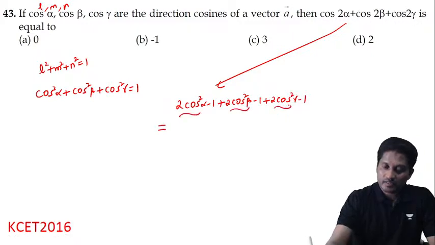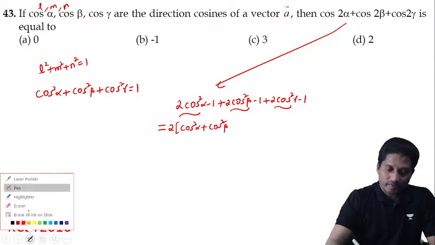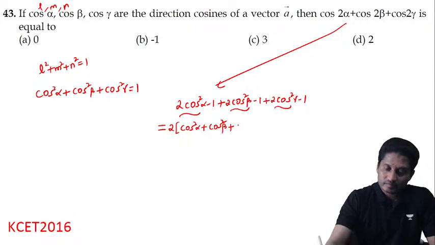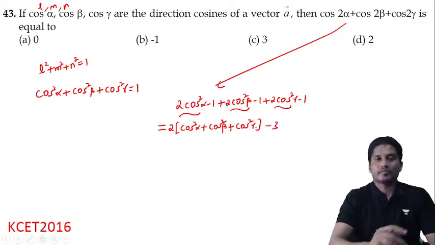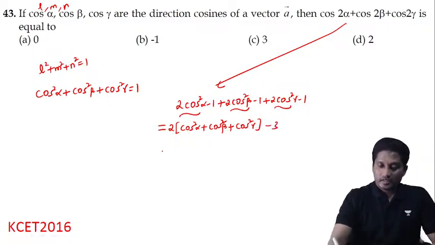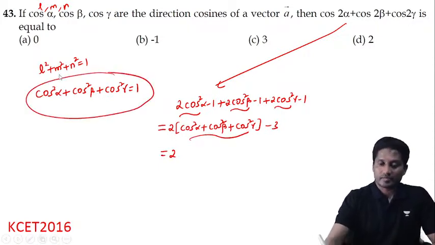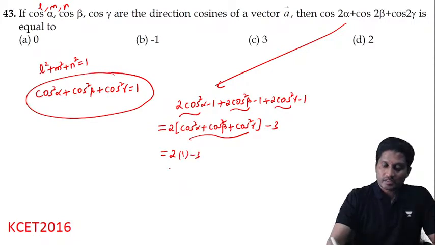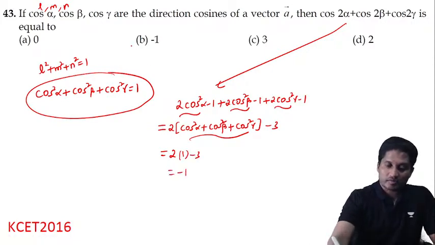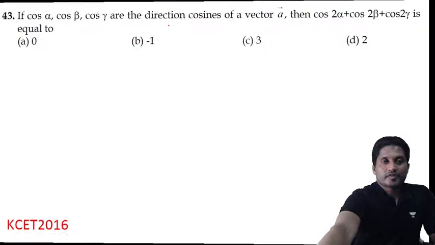If I take 2 common, this becomes cos square alpha plus cos square beta plus cos square gamma, minus 3, since minus 1 minus 1 minus 1 is minus 3. Cos square alpha plus cos square beta plus cos square gamma is 1. 2 minus 3 will be equal to minus 1. The answer is option B. Let's move to the next question.